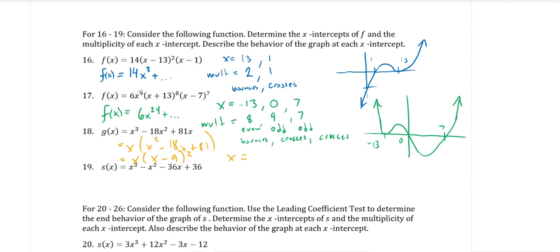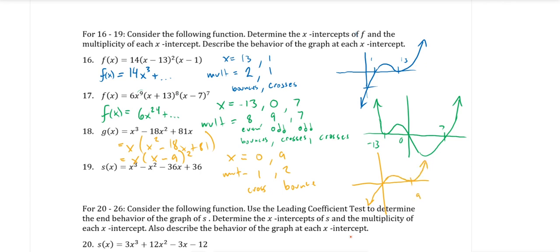Now that means we have zeros at x equals 0 and x equals positive 9 with multiplicities of 1 and 2 respectively. So we know it's going to cross at this odd multiplicity and bounce at this even one. And we also know its long-term behavior is going to resemble that of a positive cube. So that's going to tell us that we cross at 0, having come from falling on the left, and at 9, we would bounce and continue then up on our merry way.